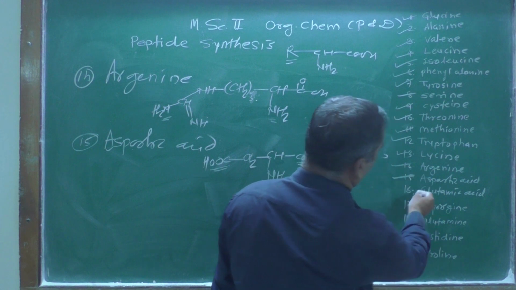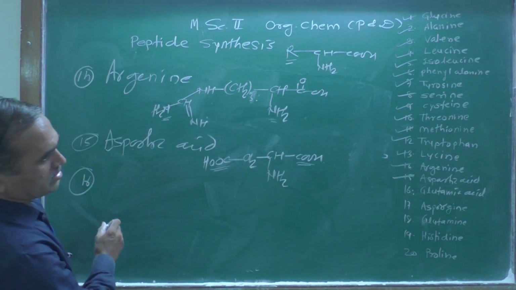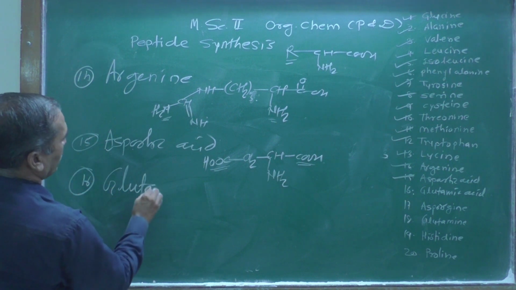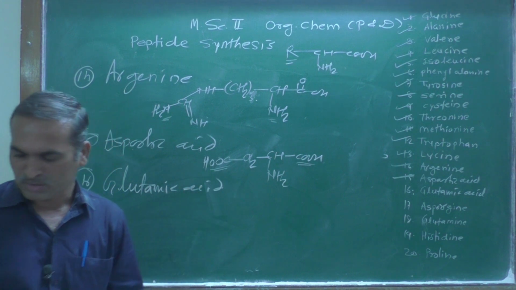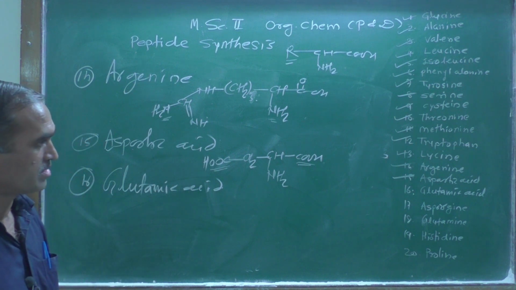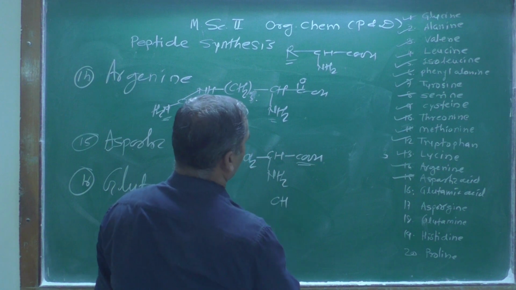Now let us look at the next one, number 16, that is glutamic acid. The name itself suggests that it is acidic in nature. Let us see here CH.